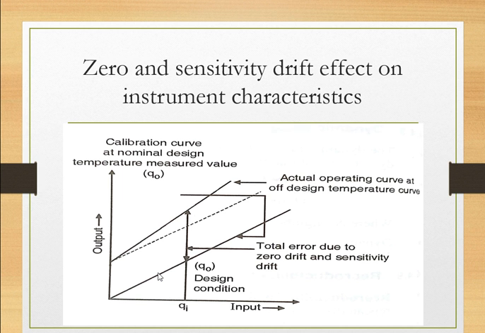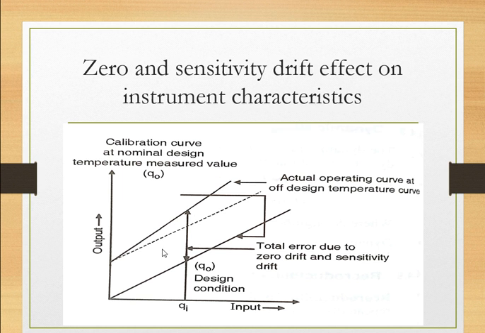Suppose this is a strain gauge type of instrument, or any type of instrument. Here it clearly shows the variation of input versus output. Now this Q out shows the calibration curve at nominal design temperature, the measured value.